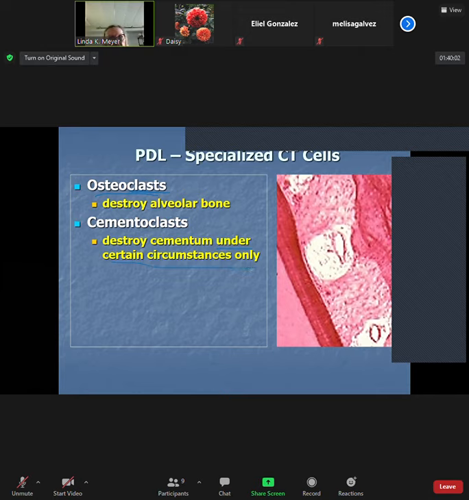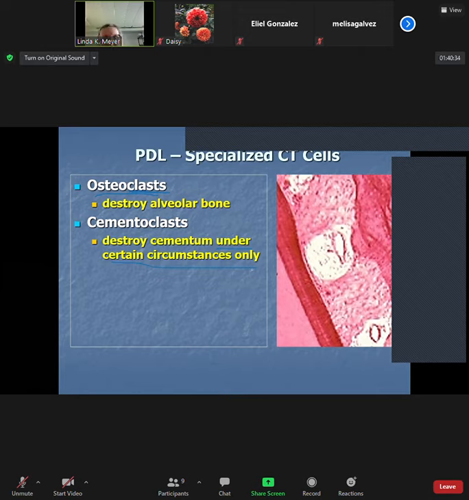In a healthy periodontium, you are not going to see cementoclasts, whereas you may see some osteoclasts. What would be a healthy situation where cementum would be destroyed? Cementoclasts are usually there when there's some kind of pathological condition taking place.